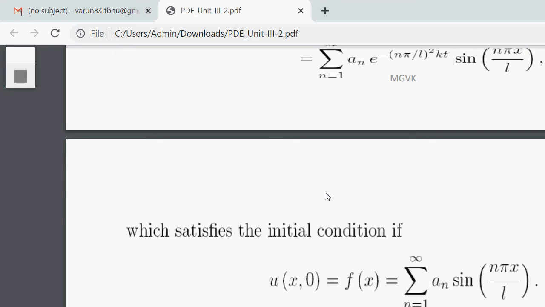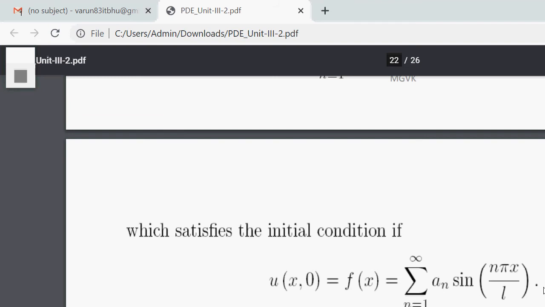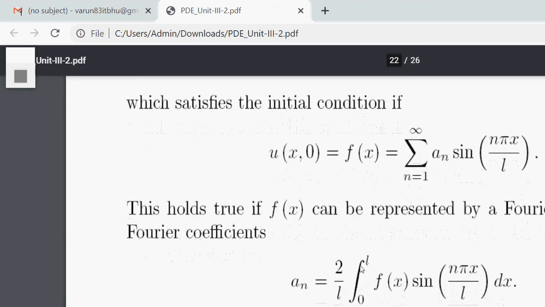So A_n sin n pi x by l. This is the Fourier sine series expansion of the function f(x). Now we find this Fourier coefficient A_n. The formula for Fourier coefficient A_n is A_n = 2 by l integral 0 to l f(x) sin n pi x by l dx.